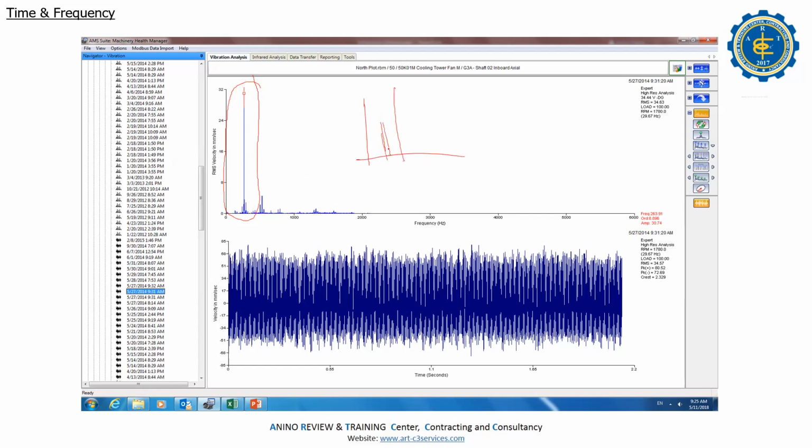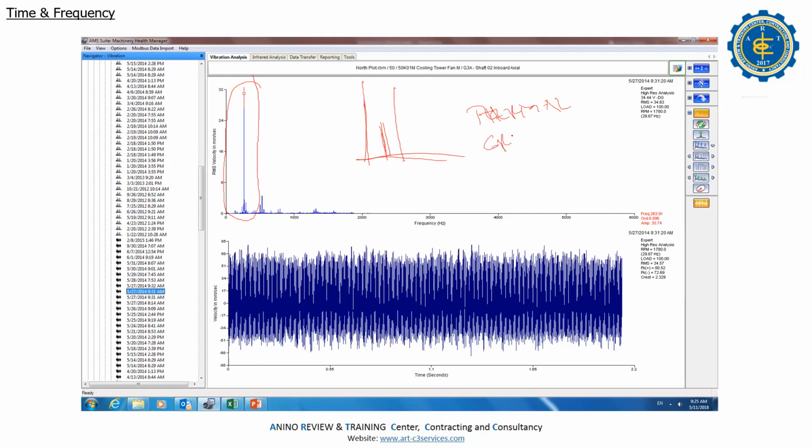Yes, because if there is a hot surface, what happens to the equipment? There is thermal growth, thermal expansion.